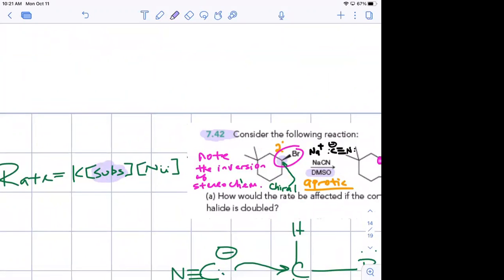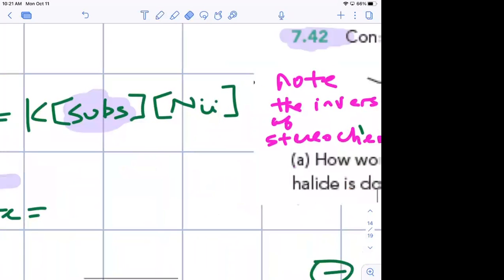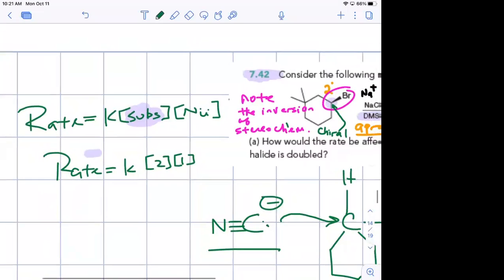So let's just do a little simple math. So rate is K times 2 times 1. What's going to happen to that rate? If I double the concentration of the substrate, what should happen to the rate? It should double as well. It should also double.